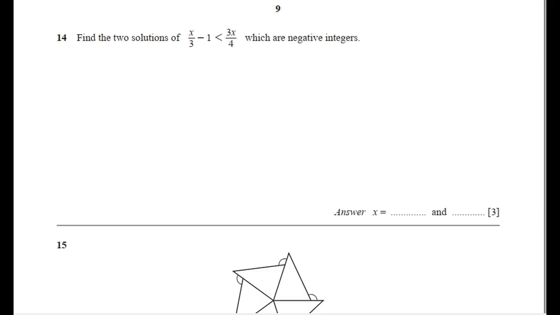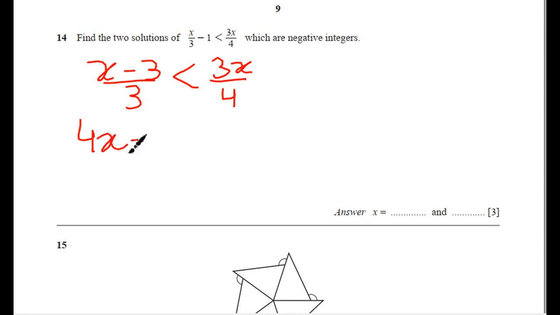Question number 14. Find the two solutions of this which are negative integers. This part is very important. Solution means values of x. So I'll take the LCM over here first. x minus 3 over 3 is less than 3x over 4. This becomes, cross multiply, 4x minus 12 less than 9x.